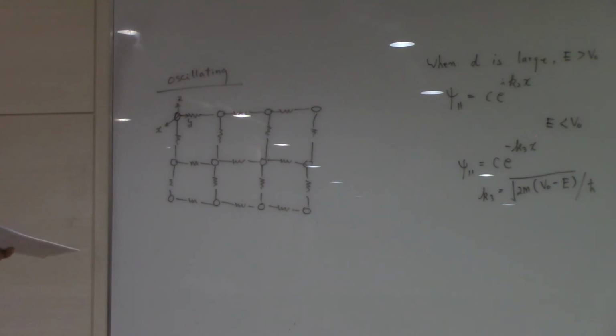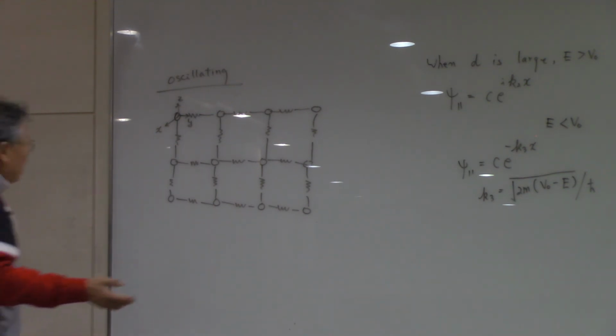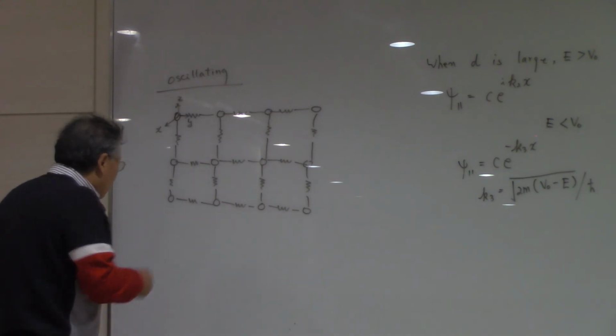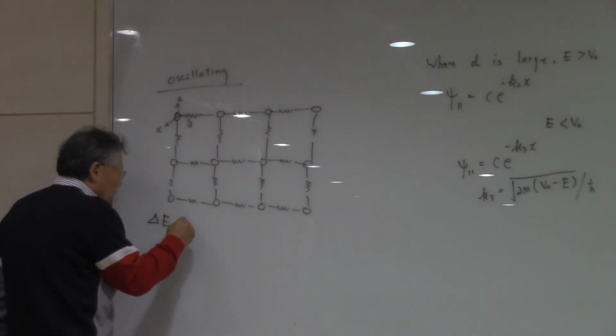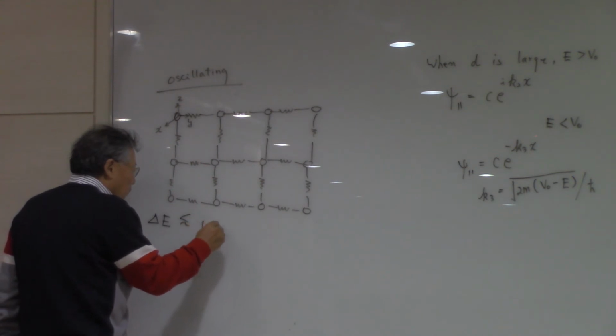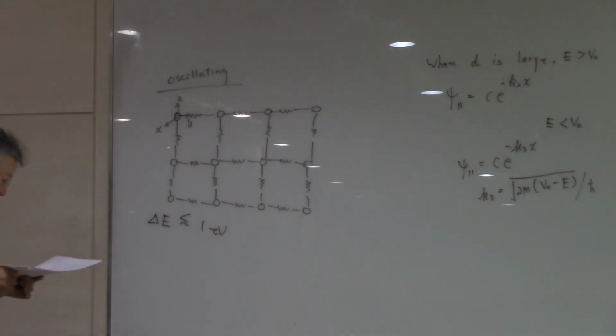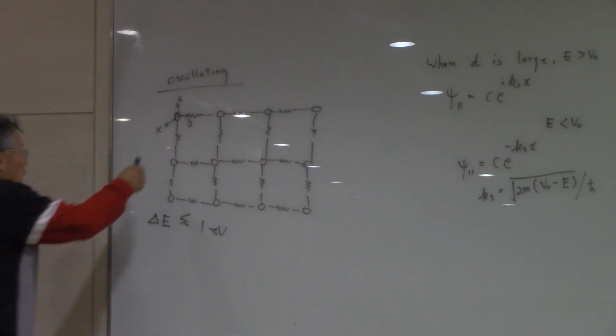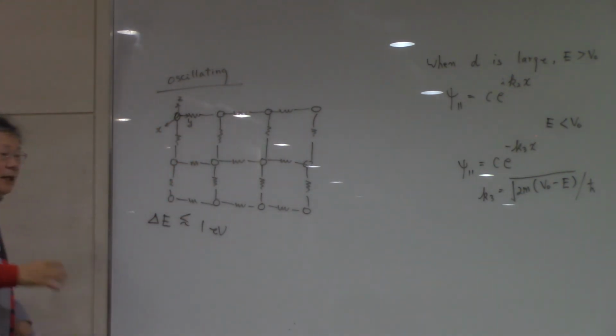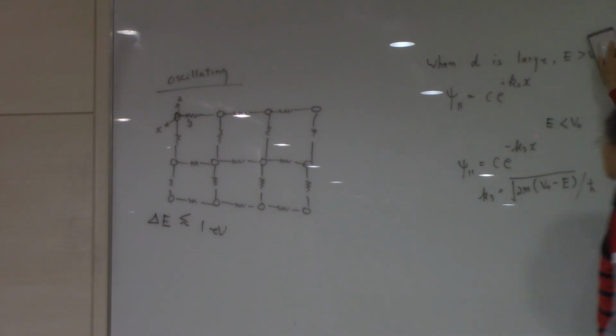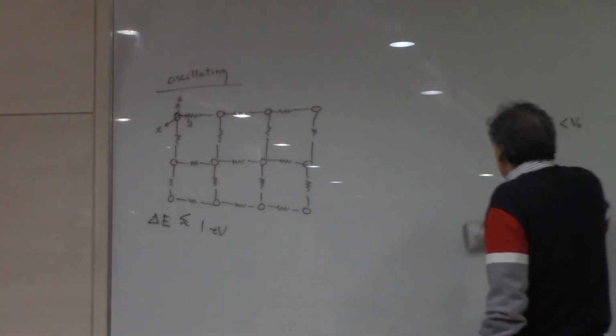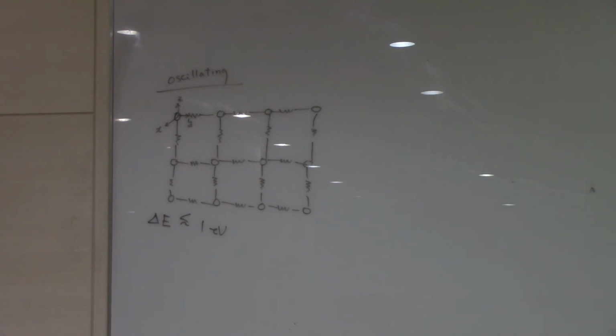And the shining light is not going to give huge energies to melt down the solid. The delta E we are talking about here is less than 1 electron volt, okay? So in this range, each atom can be thought of as an oscillator. So understanding the linear harmonic oscillation is very closely related to the lattice atoms.